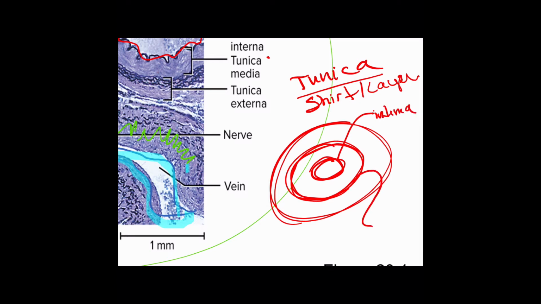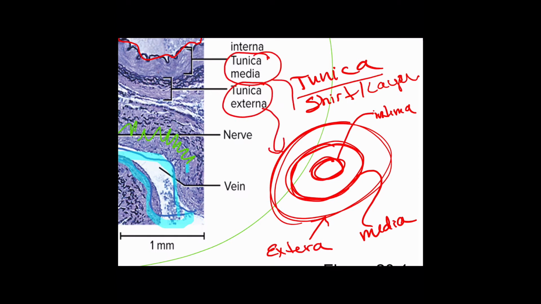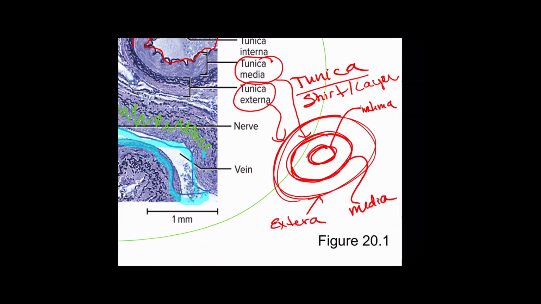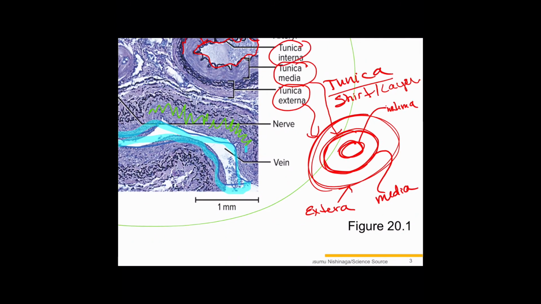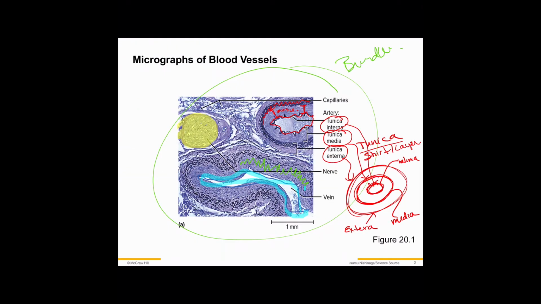The middle layer is media, in the middle, right? And then the outer layer is external, so it's the externa. Okay, so those are the tunica layers. You can see they're labeled here. Here's tunica externa, tunica media right here in the middle, and then tunica interna right here on the inside. And so that's going to be how it is for all the blood vessels, right?